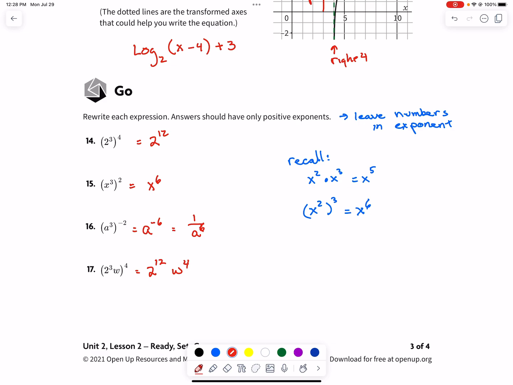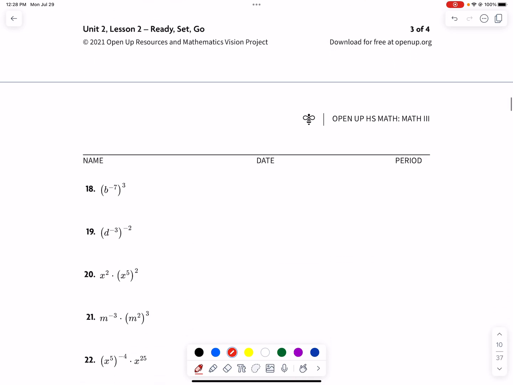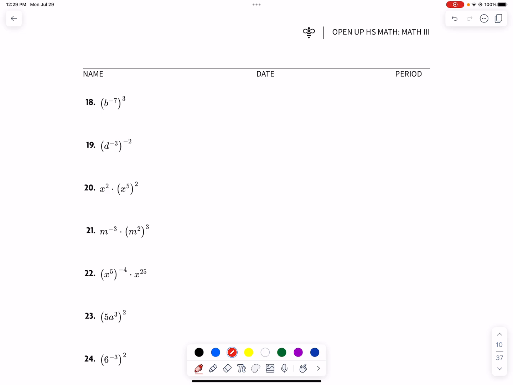Hold on while I change my page. Okay. B to the negative 21, which is 1 over b to the 21. D to the positive 6. I'm going to do this in 2 steps.